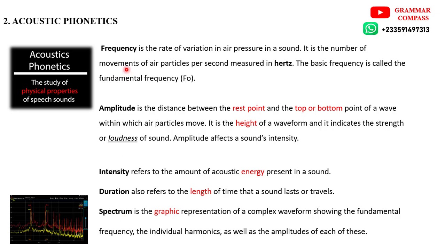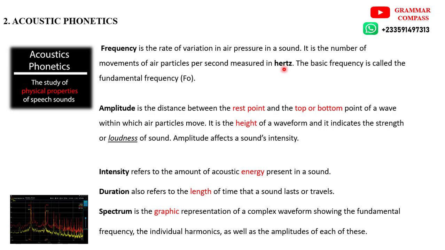1. We have frequency. What is frequency? It is the rate of variation in air pressure in a sound. So this is simply how fast the air vibrates when we make a sound, and it is measured in hertz.